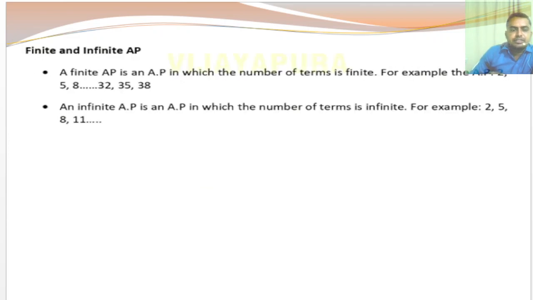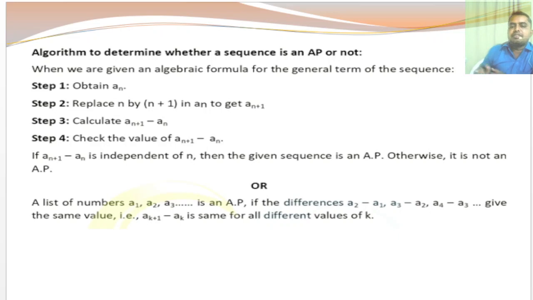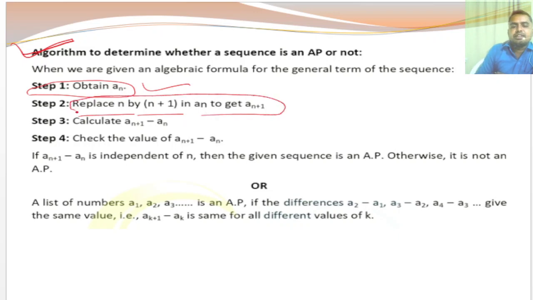Now let us find the algorithm to determine whether the sequence is an AP or not. It is very simple. The algorithm is nothing but how to find whether the given sequence is an AP or not. First step, we have to obtain the nth term, that is an. Replace n by n plus 1 in an to get an plus 1. Calculate an plus 1 minus an.